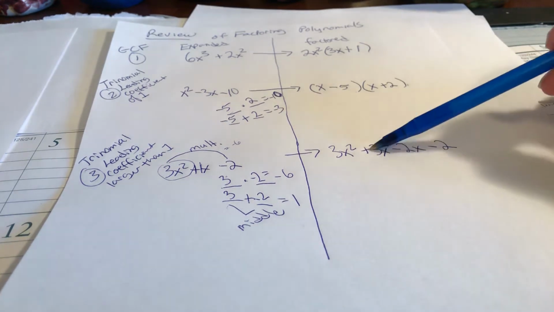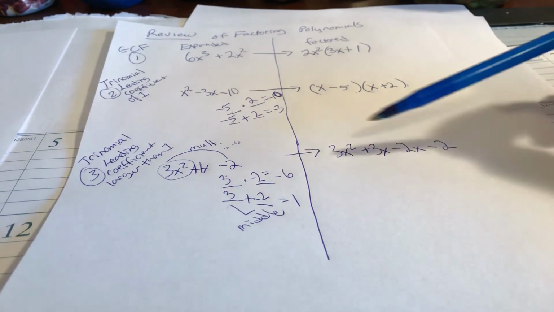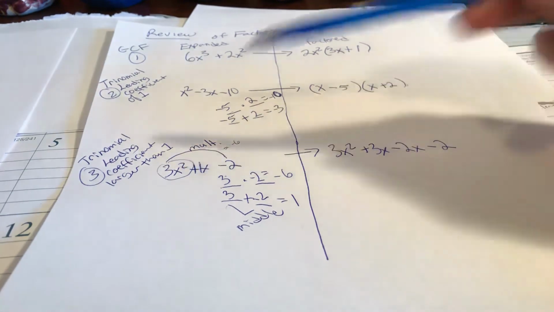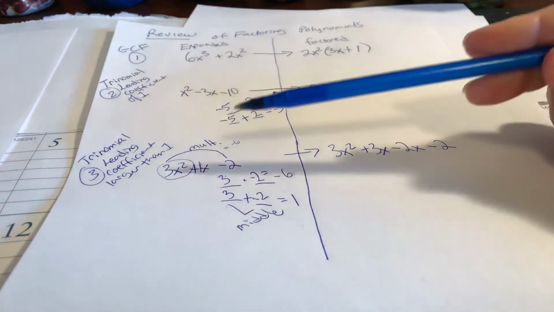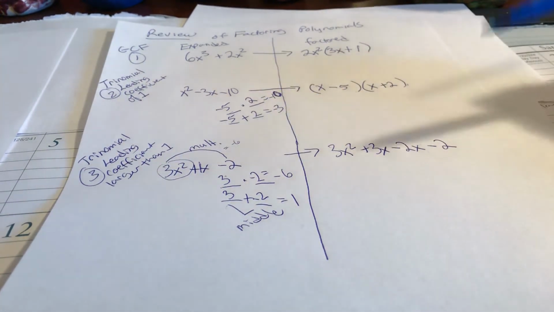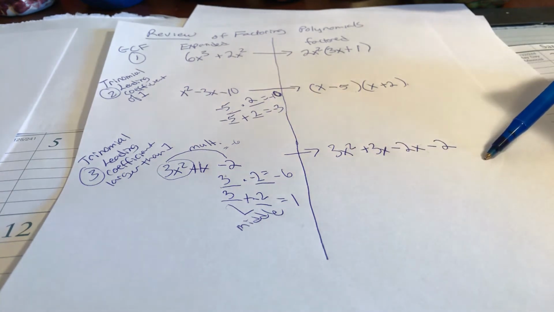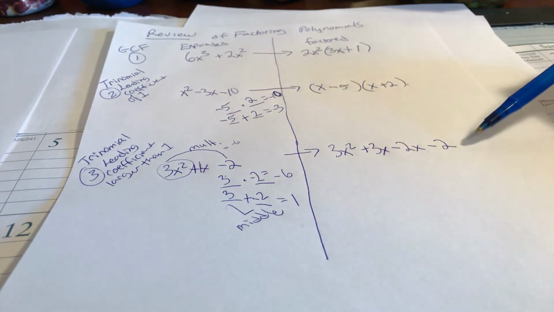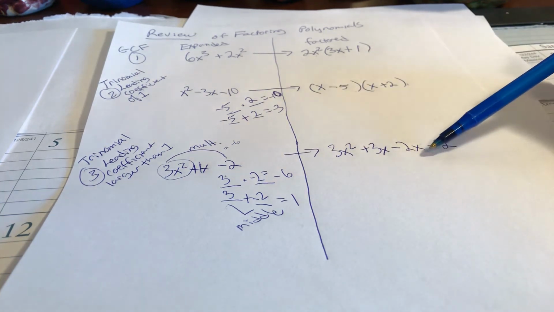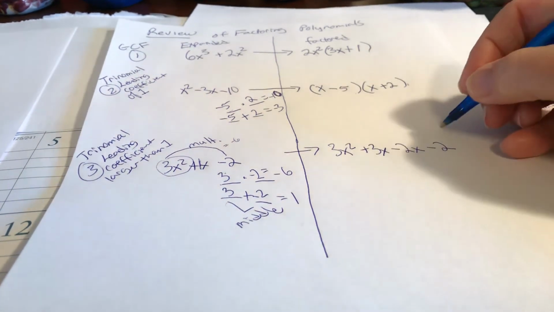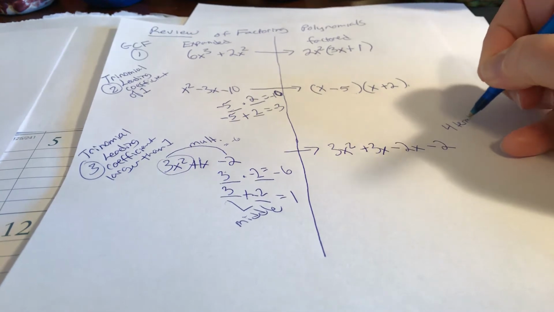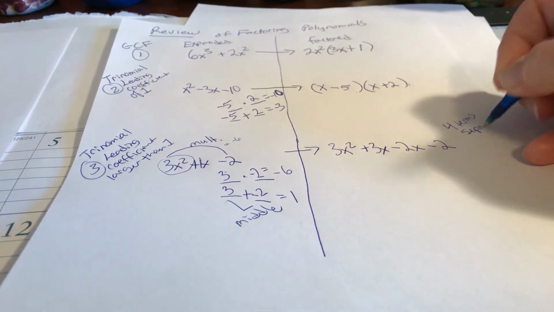You put those two pieces in the middle with the first term from the original problem and the last term from the original problem. You end up with 4 terms. On any problem that starts with 4 terms or eventually leads to 4 terms, when you have 4 terms, separate them.